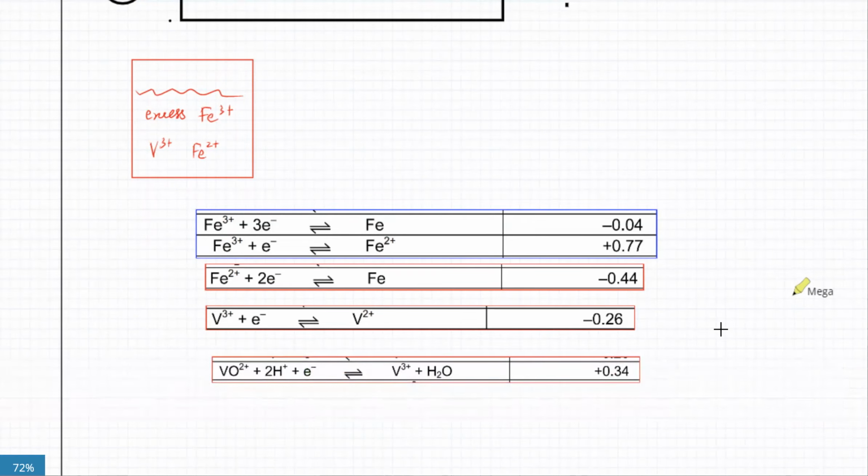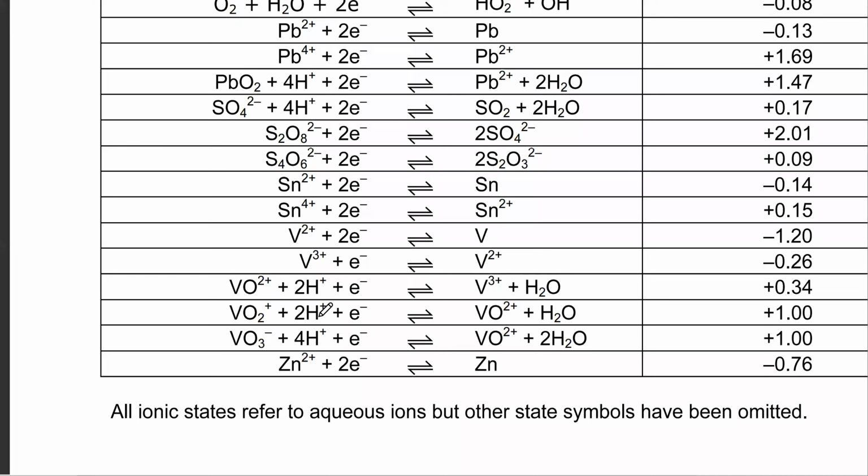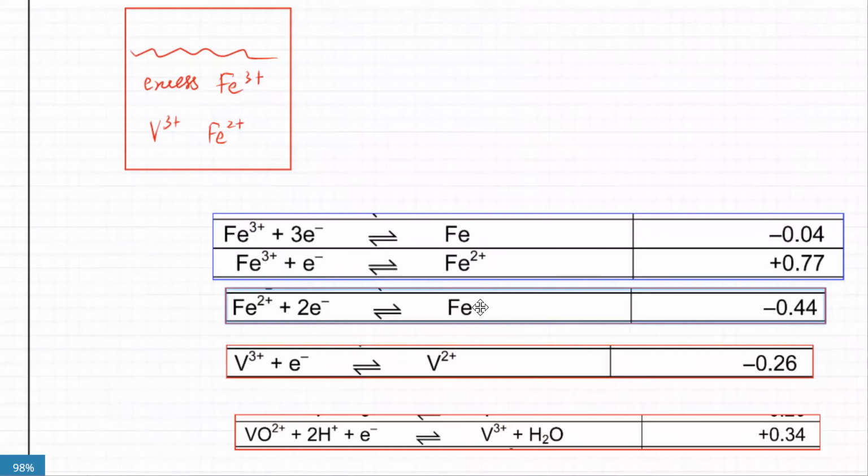I think that's about it. For Fe3+, we have all these equations. For Fe2+, we have this equation and this equation. For V3+, I've got two reactions, like in the data booklet, V3+ over here, V3+ over here. So I've copied both of these reactions.